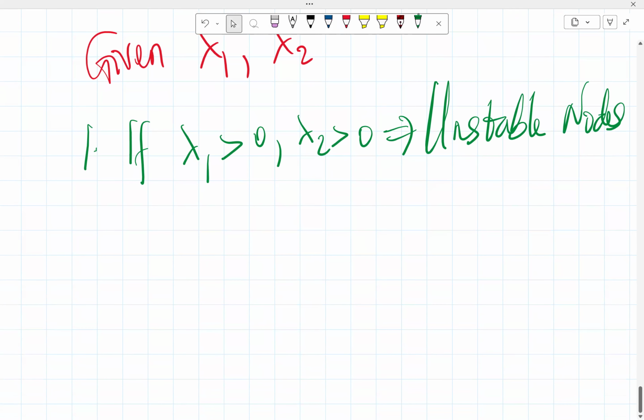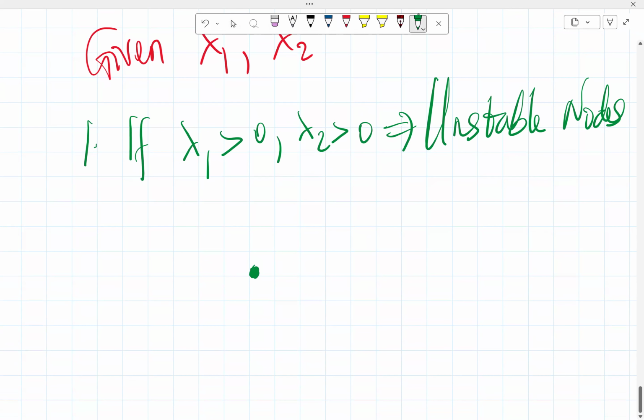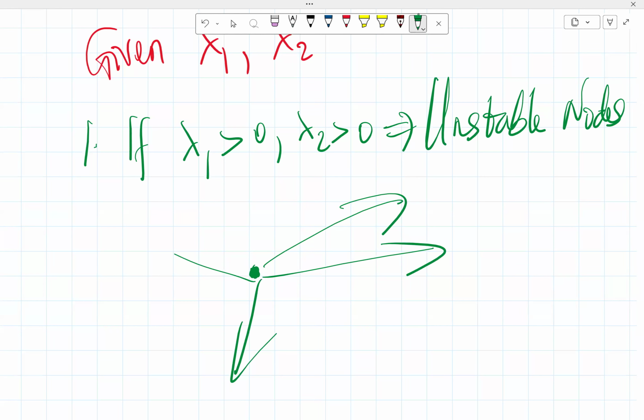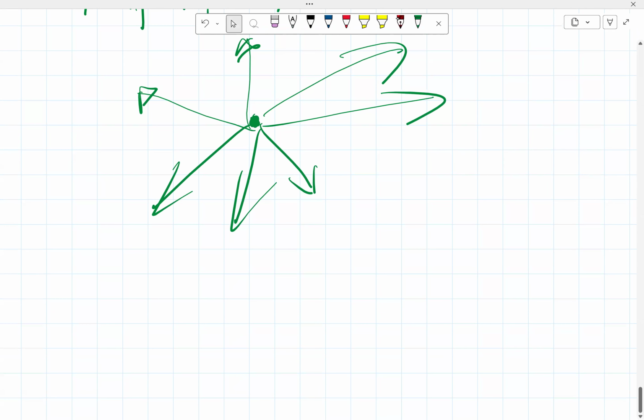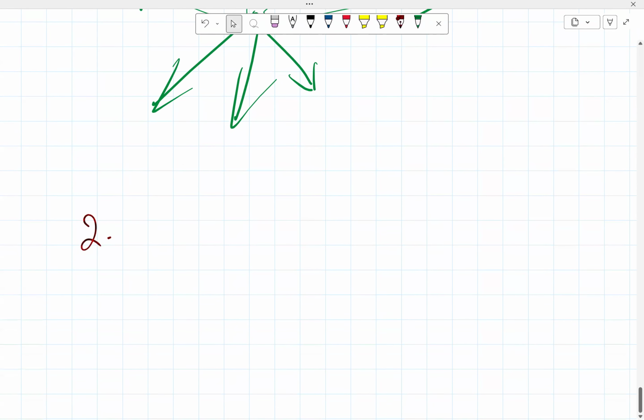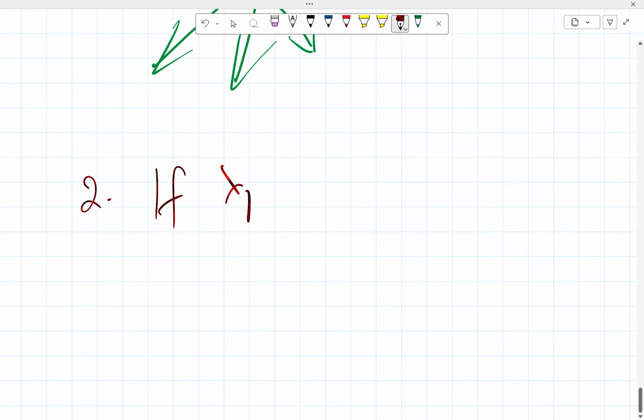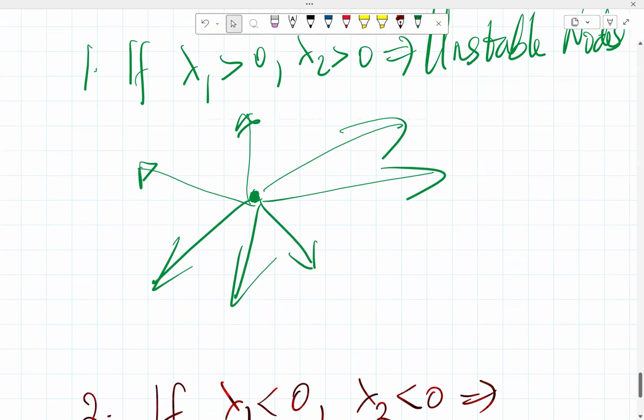What that means is that if you have a particular point like this, all the points will go out of that. So you have outgrowth from there. There's no convergence into that point. So that's the first one. And then secondly, if lambda 1 is less than 0, and lambda 2 is less than 0, you have what we call stable nodes.